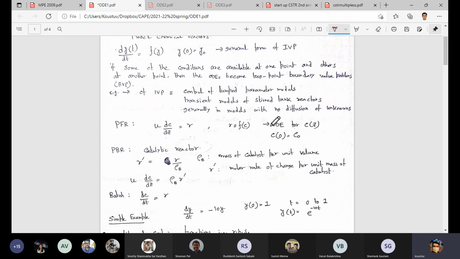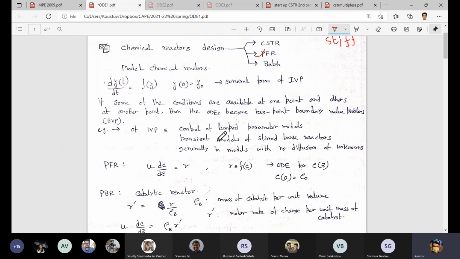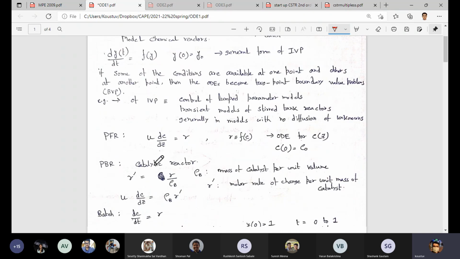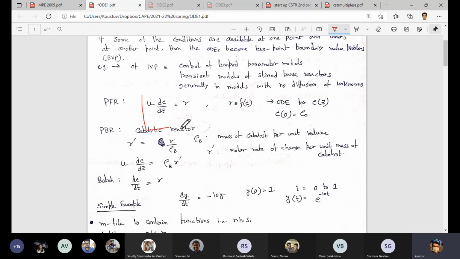Typically these are some concept lines, which you can just read, and which we are all more or less aware of, that in case of a PFR, these equations we can write.